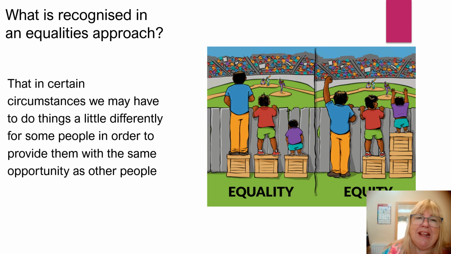It's saying that we may have to do things a little differently for some people because of their own personal needs, in order to provide them with the same opportunity as other people. Okay? So don't mix it up with giving everyone the equal amount, the equal money, or the equal equipment, because that doesn't always work.